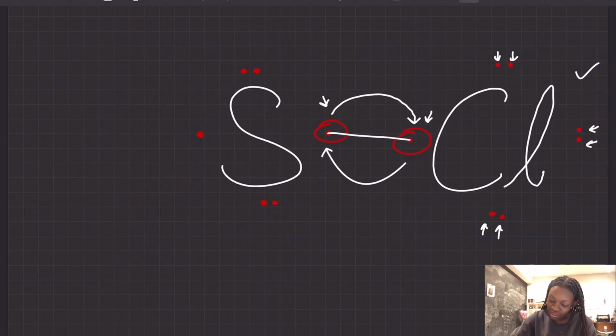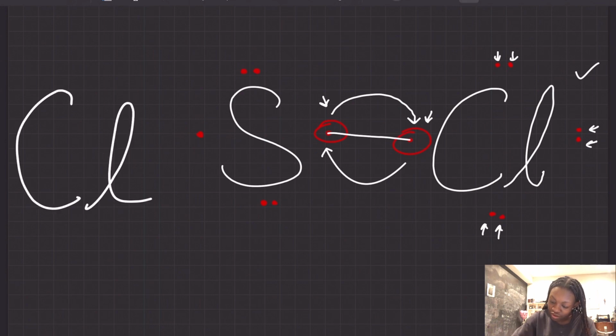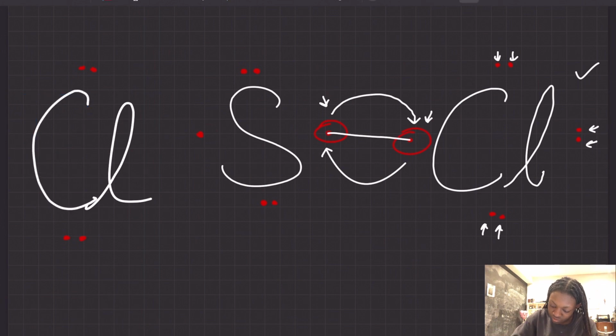Okay. We will put another chlorine atom right here, and we will do the same thing. 1, 2, 3, 4, 5, 6, 7, 8, right? So now, this other chlorine atom, same thing.